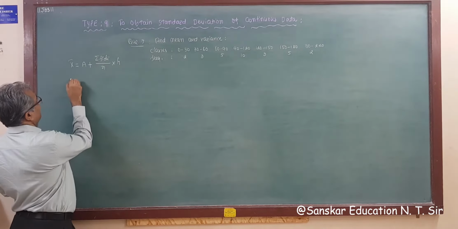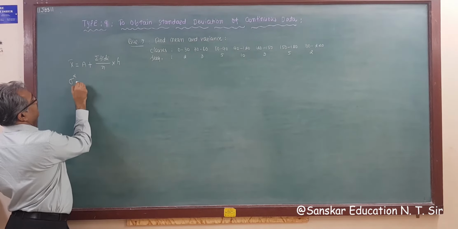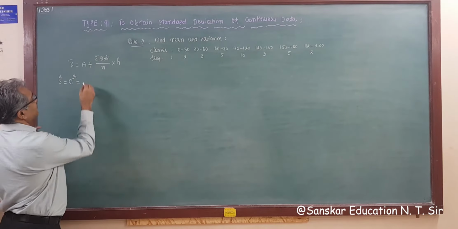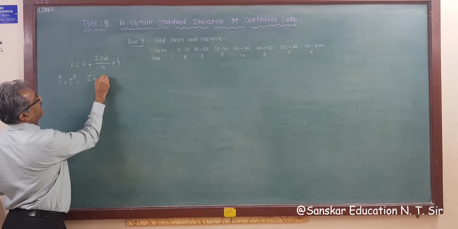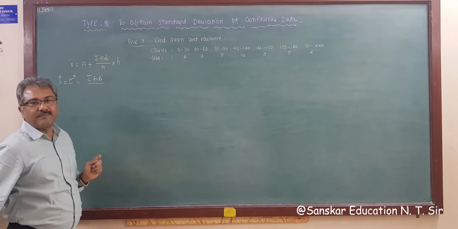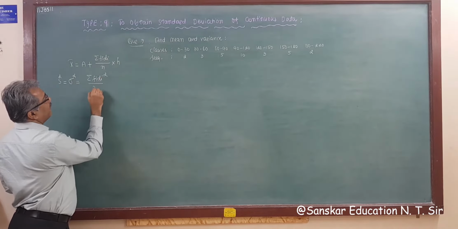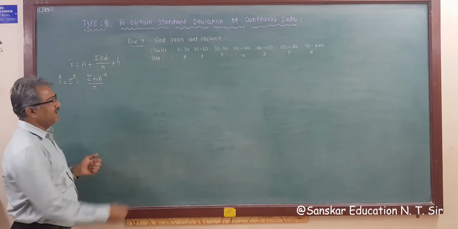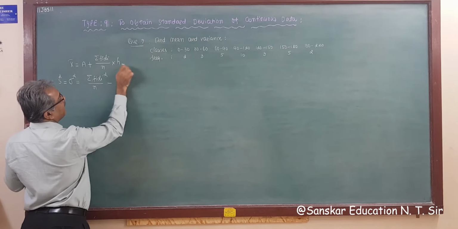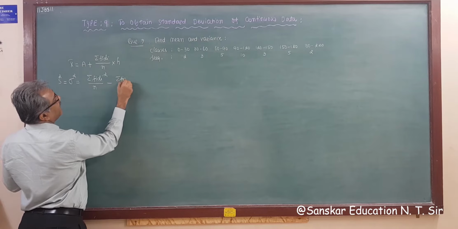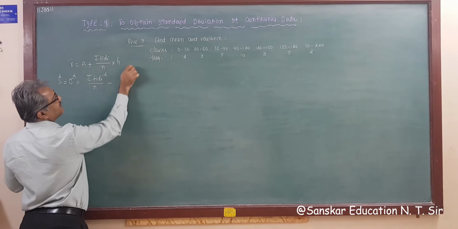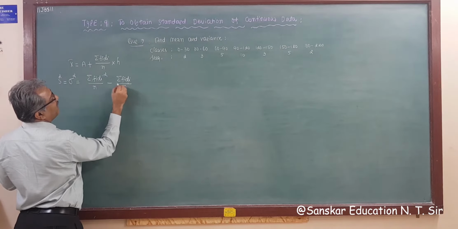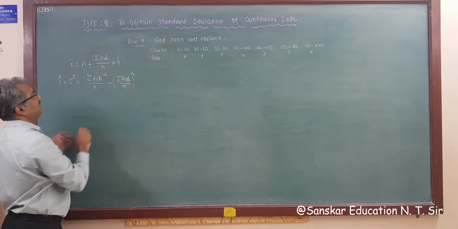And the variance, sigma square or s square, is equal to sigma fi di square upon n, minus sigma fi di upon n whole square, into h square.